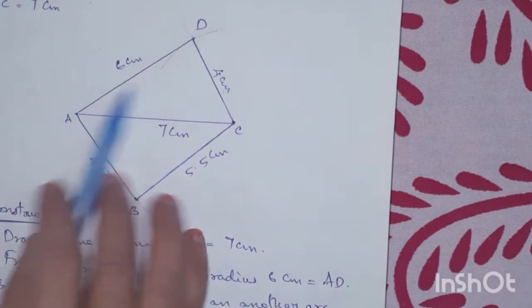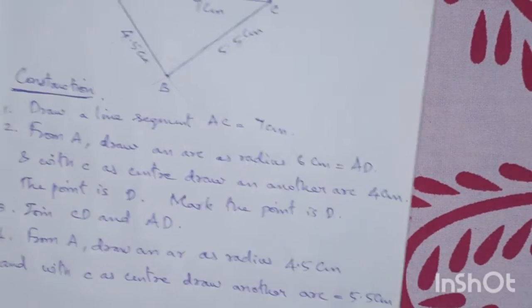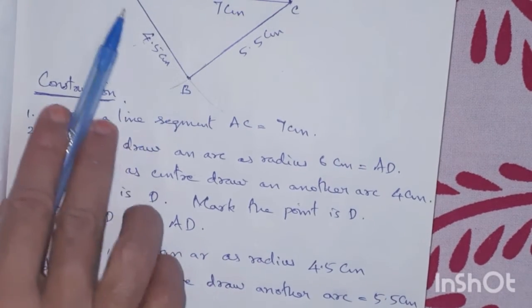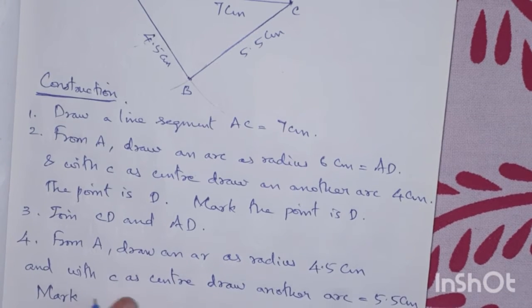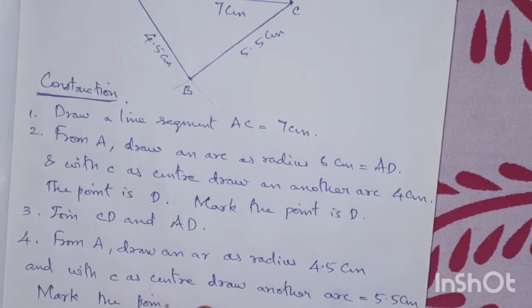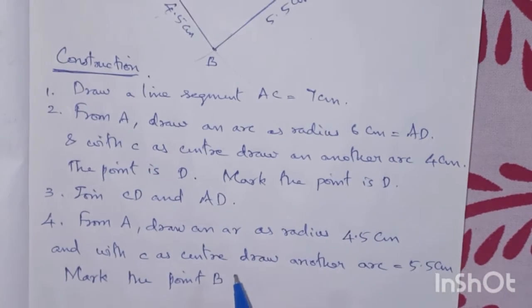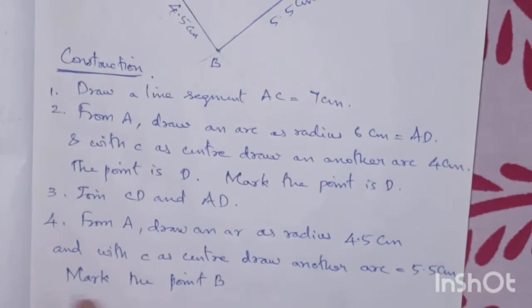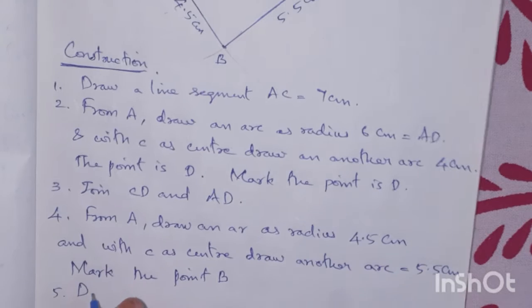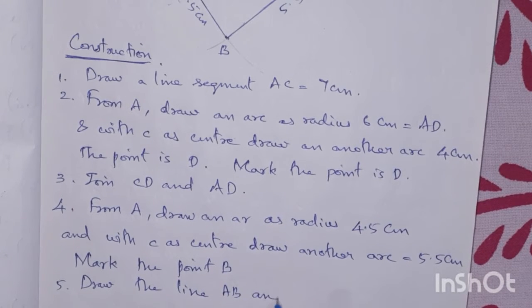Here 6 centimeter, here 4 centimeter. Where the arcs cross, mark the point B. Then draw the lines AB and CB.